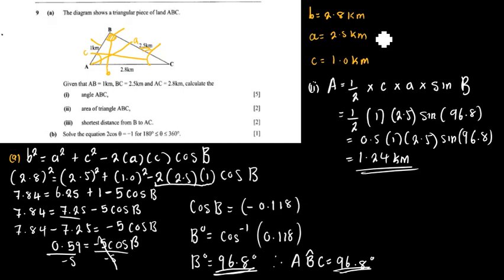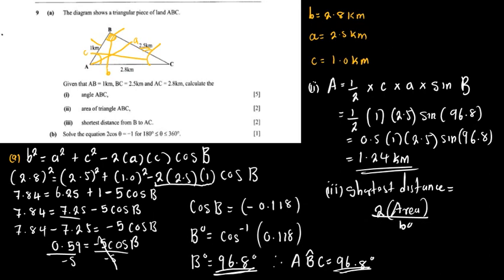The shortest distance, we won't waste time because we now know. Shortest distance equals, just go direct, just say 2 area over base. That's all. So which one is the base this time around?